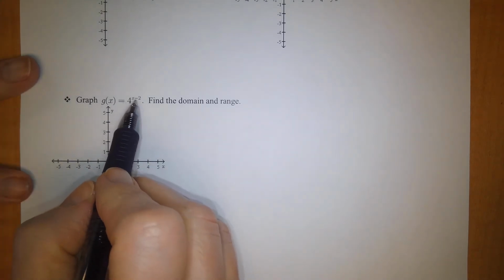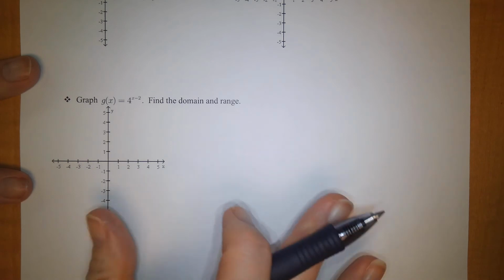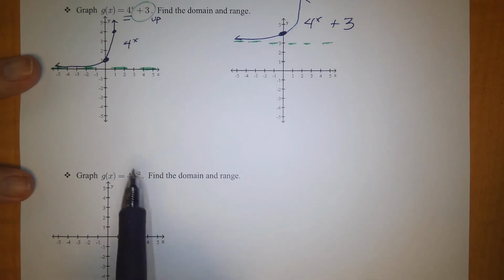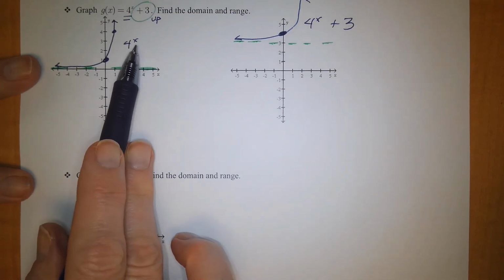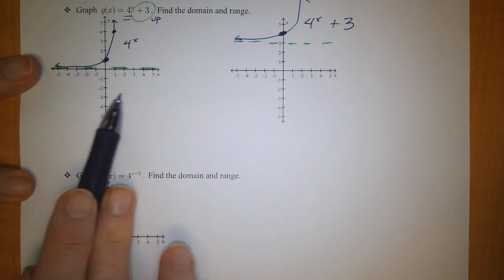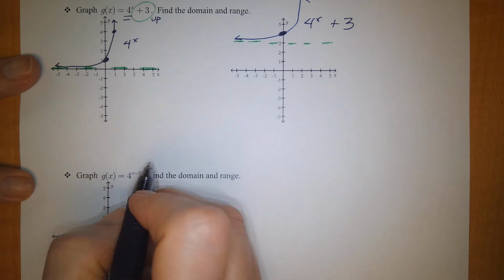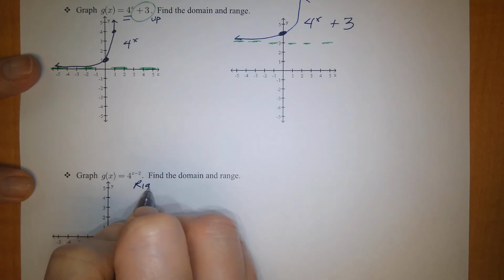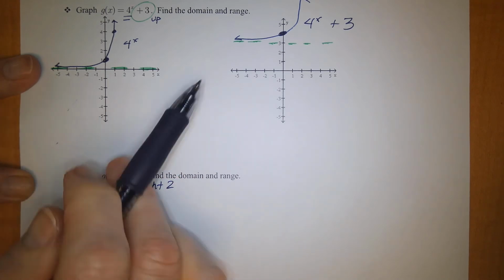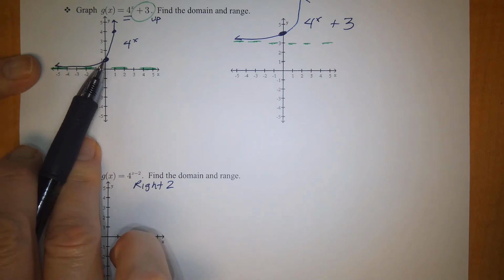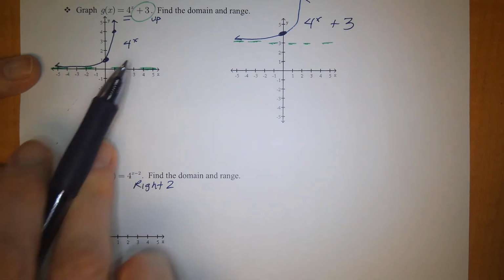Let's try it again. Here we're going to do 4 to the x minus 2. This is the original function, which is 4 to the x power. Now we're going to take this graph and subtract 2 inside the function, which means we're going to move it right 2 units. So we move everything right 2 units.